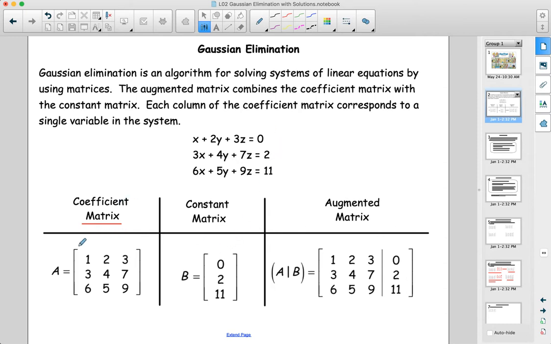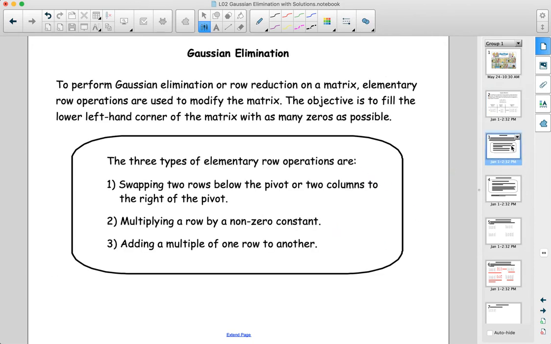So coefficient matrix, just the coefficients; the constant matrix, just the constants. The augmented matrix is written [A | B], with a vertical bar. We separate the coefficient matrix on the left from the constant matrix on the right by using a vertical bar. So that's the matrix we're going to be working with, the augmented matrix.